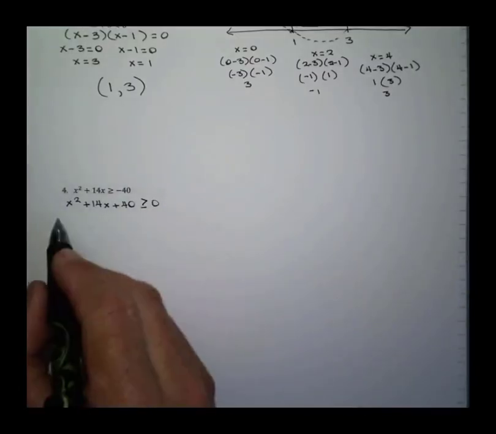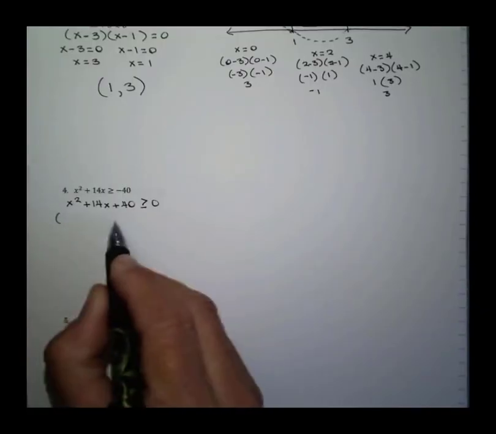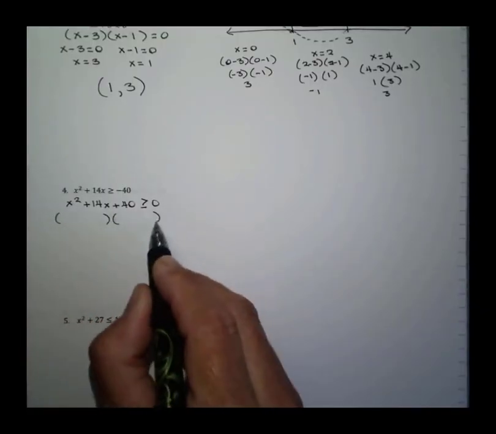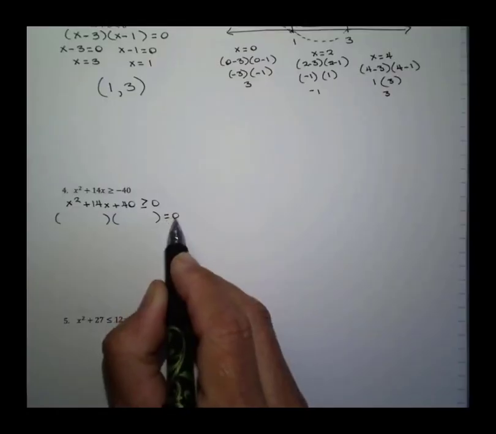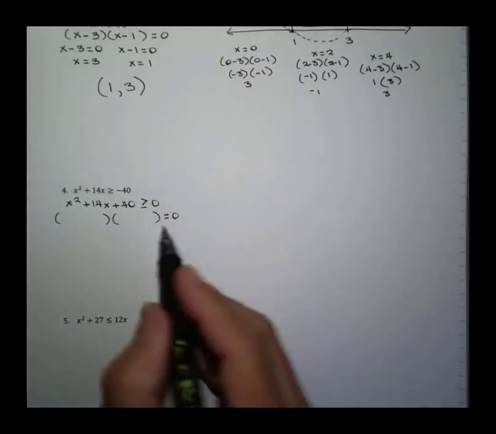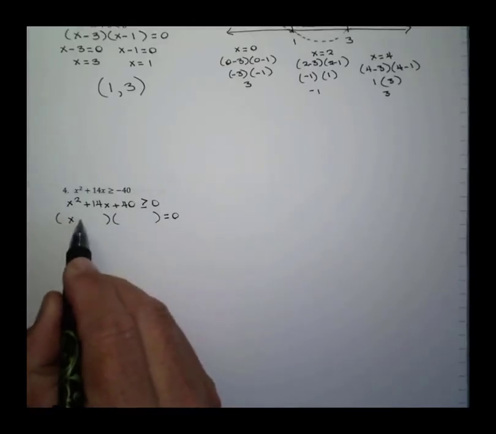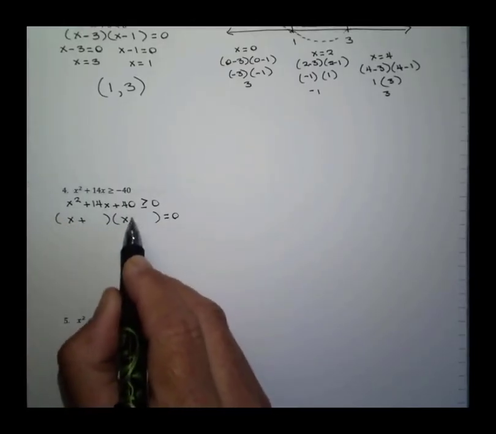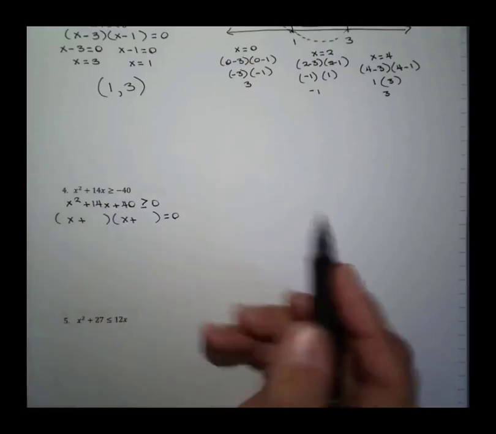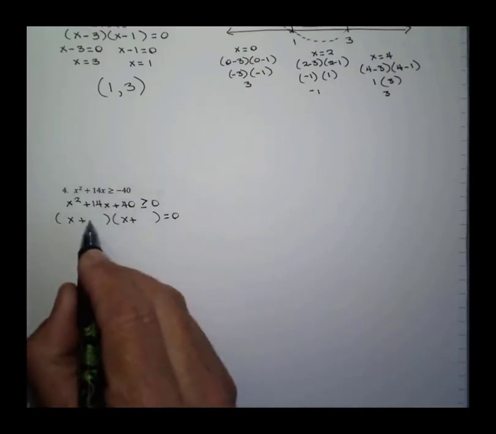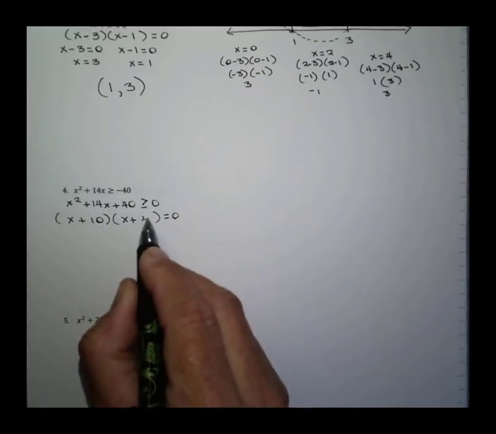Now I can factor this side. I'll go ahead and set these equal to 0 because I'm trying to find the boundaries at this point. I know I have to have x plus for both of these. I'm looking for factors of 40 that add together to give me 14, and I know that's 10 and 4.